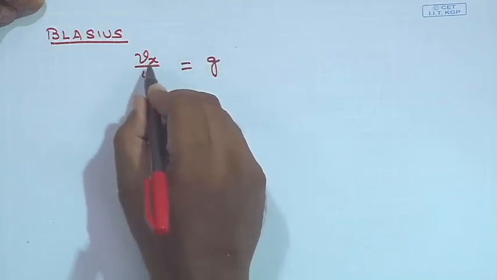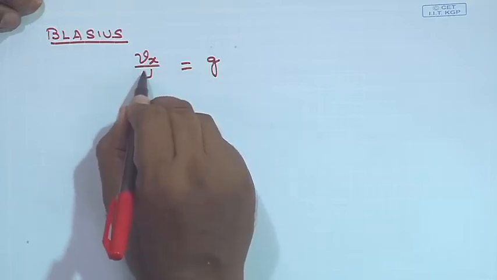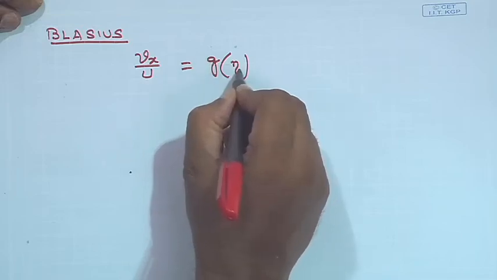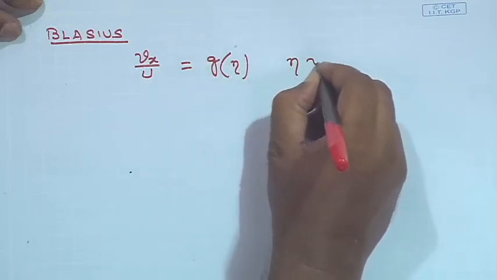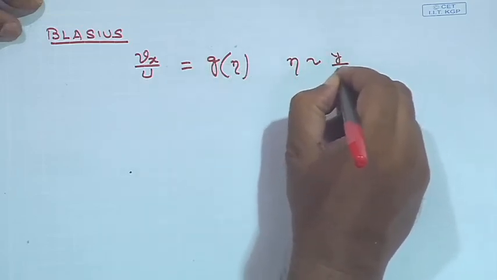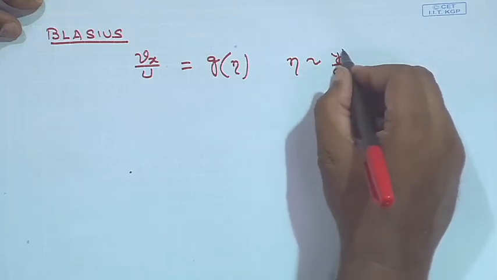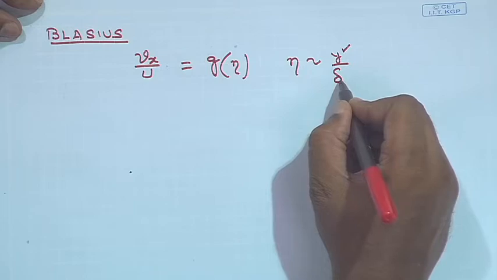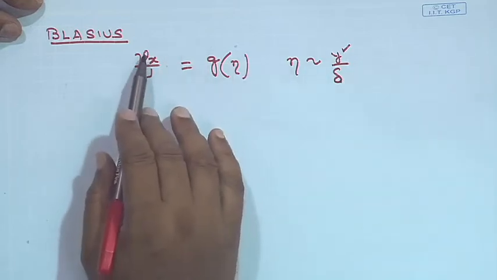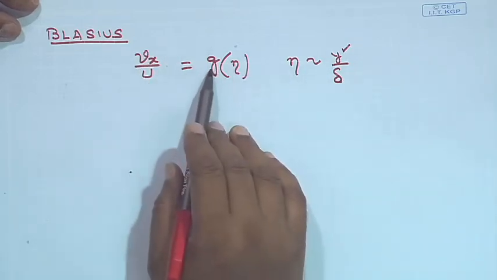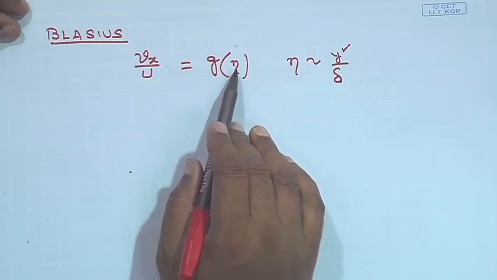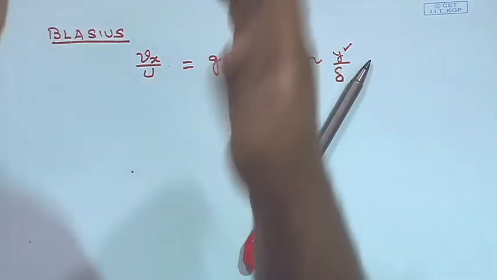So, he reasoned, it is only an assumption, that Vx by u would be a function of eta, where eta is y by delta, y is the distance from the wall, and delta is the boundary layer thickness at that point.